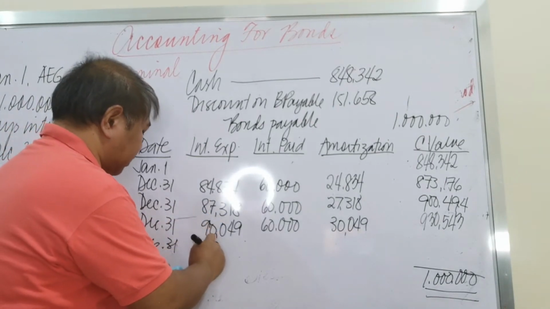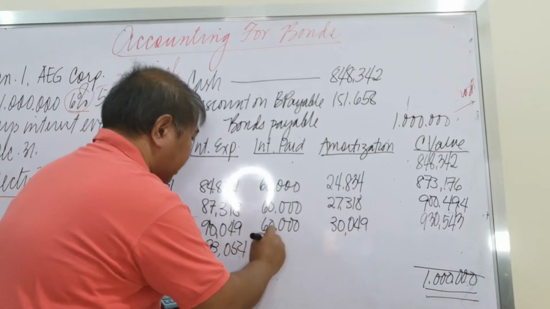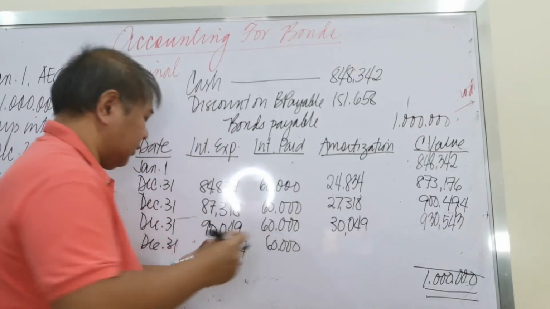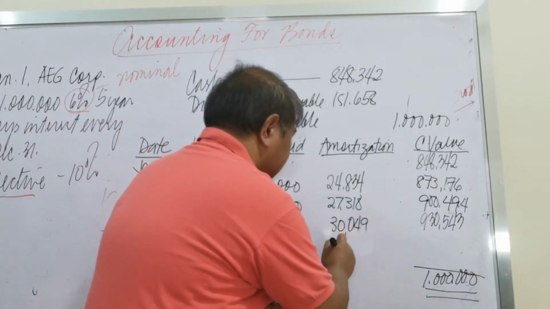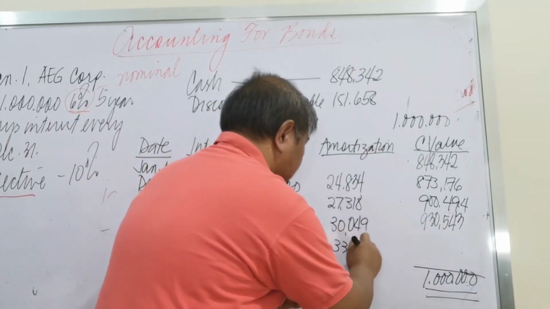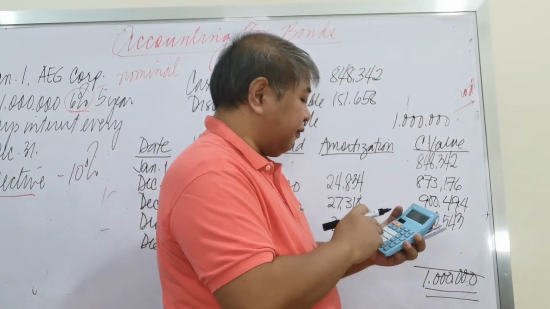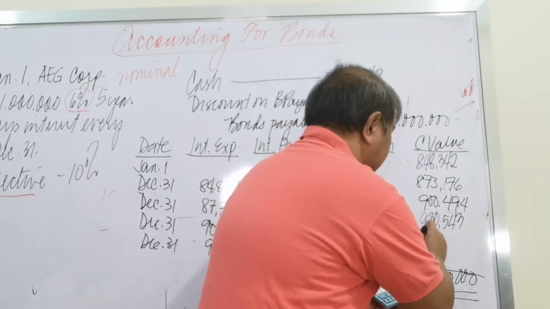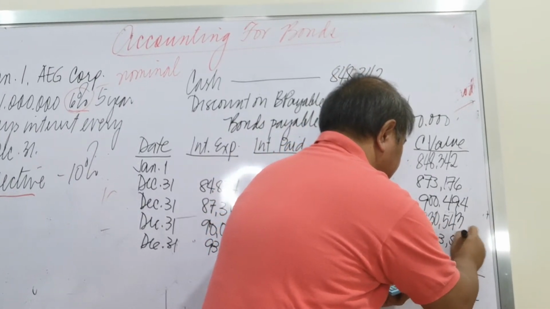Then on the fourth year, December 31, again times 0.10. So this is 93,054 as against 60,000. So therefore, minus 60,000, we will get 33,054. Add this to 930,543. So this will be 963,597.